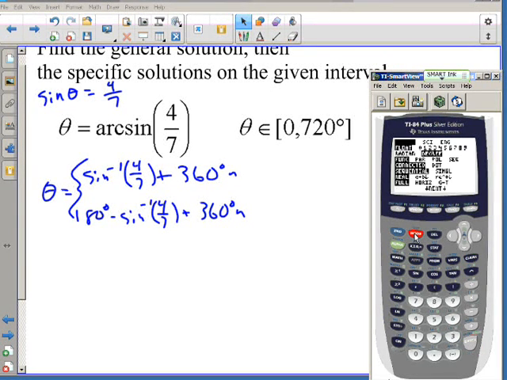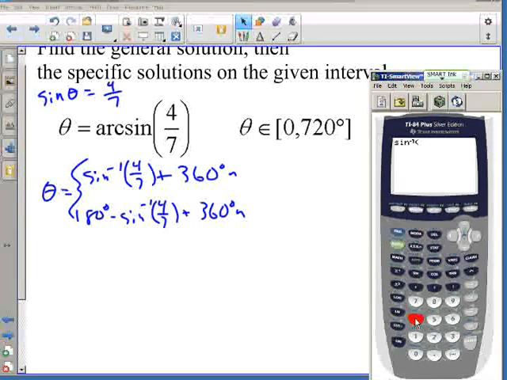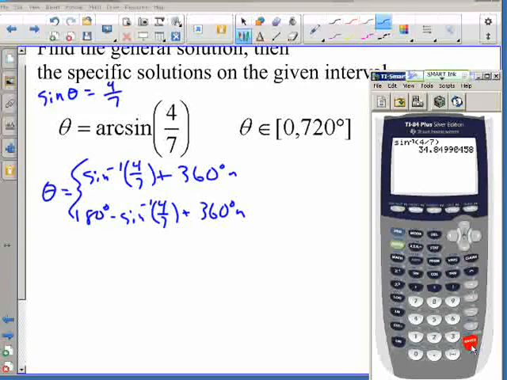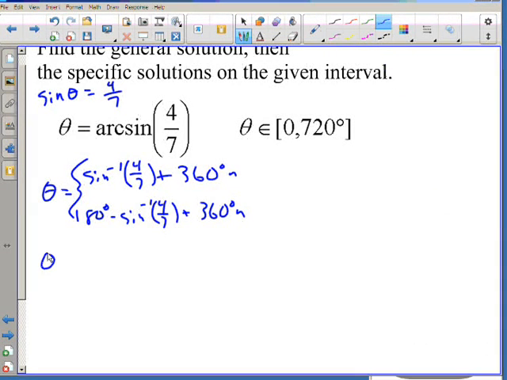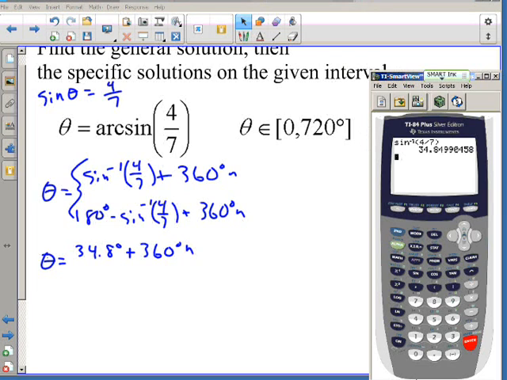So I'll verify I'm in the right mode. And I want the inverse sine of 4/7. I get 34.8. We'll just go to tenths in this case.